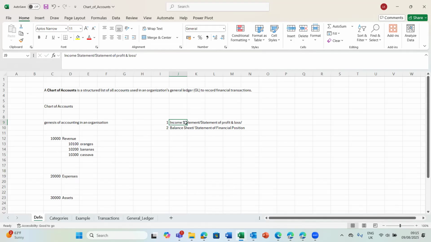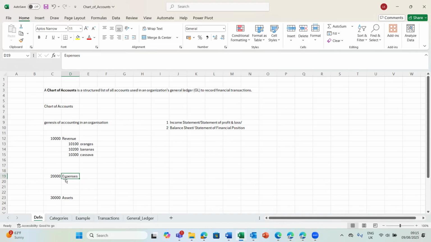For instance, in the income statement we have the revenue and then the expenses. All transactions to do with revenue will go to these accounts.